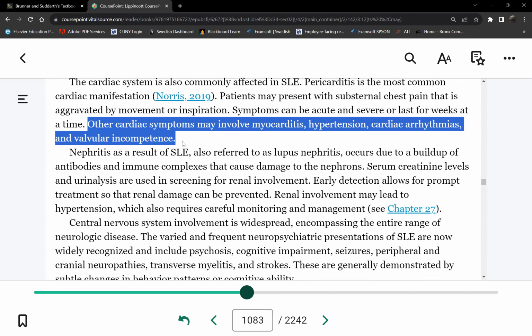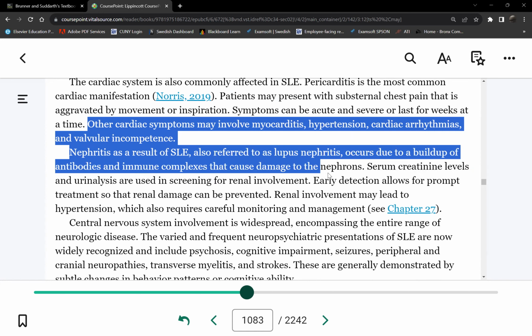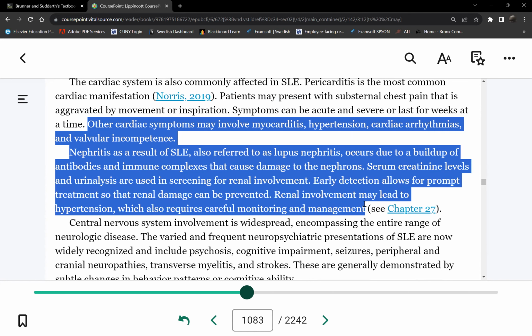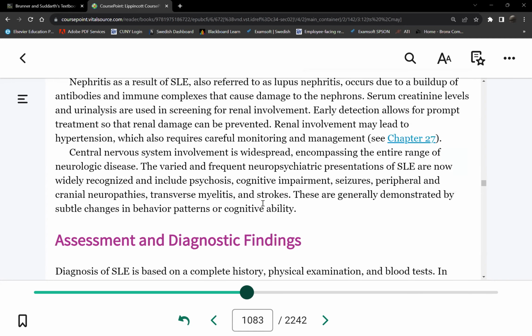Again, pericarditis, myocarditis. And the kidneys, as mentioned earlier, patients are monitored. Their kidney function is monitored regularly to see if there are already signs of kidney damage. So patients will usually go into chronic kidney disease and then end up on dialysis, unless they get a transplant.